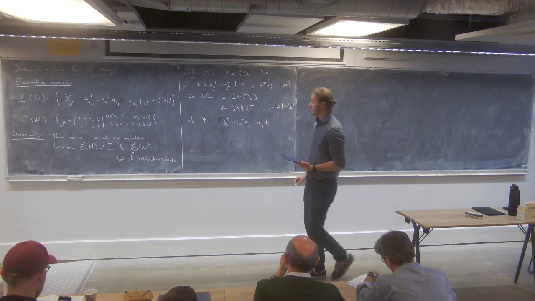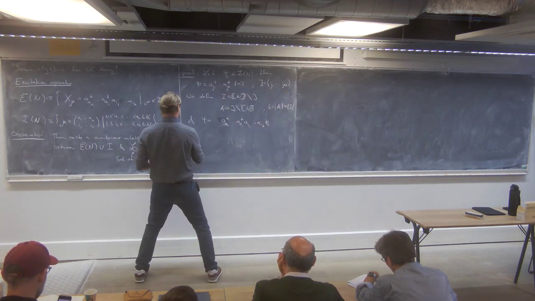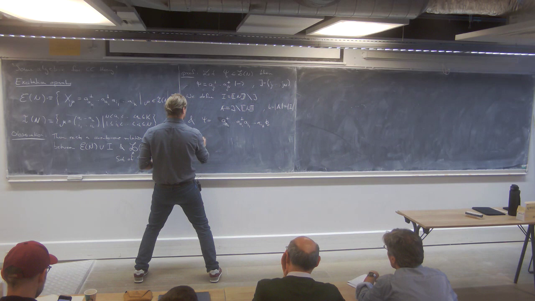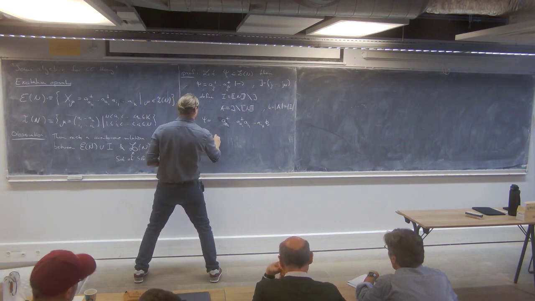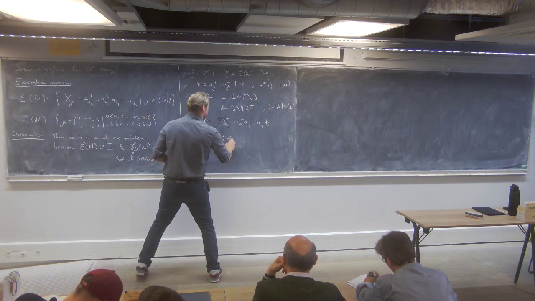Okay, so the reference state, phi 0, is equal to a_N dagger ... a_1 dagger acting on the vacuum.